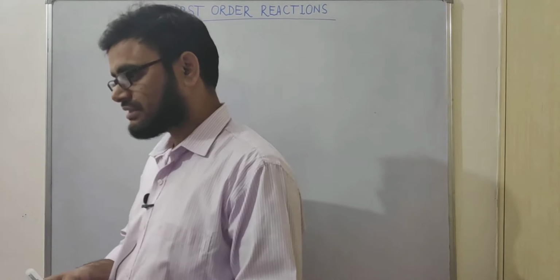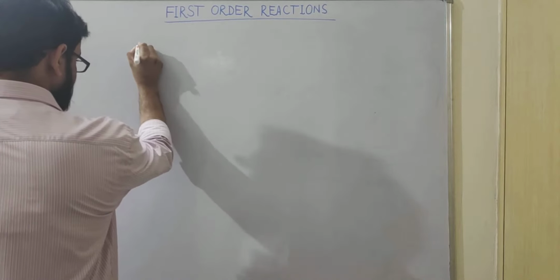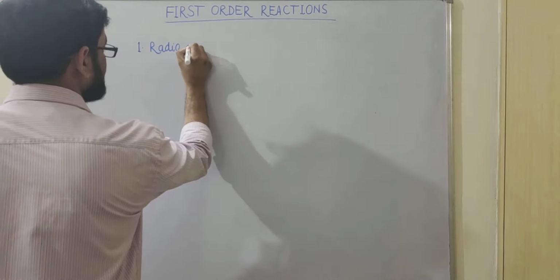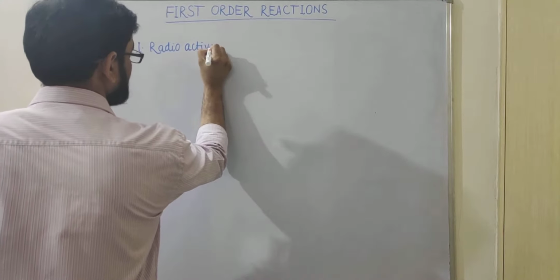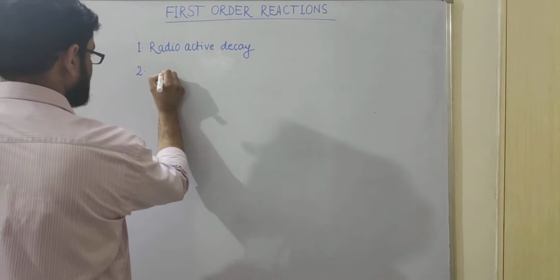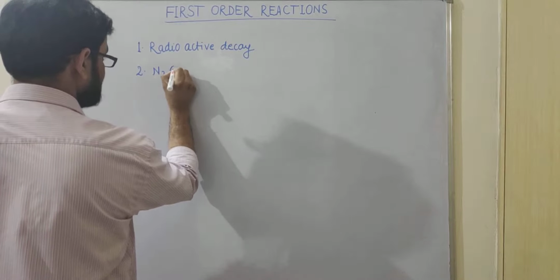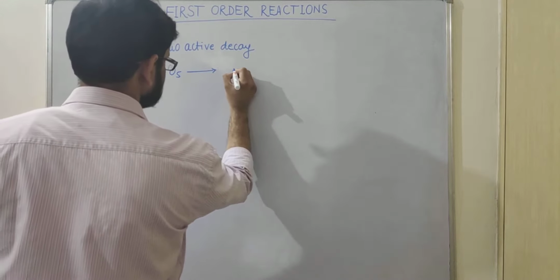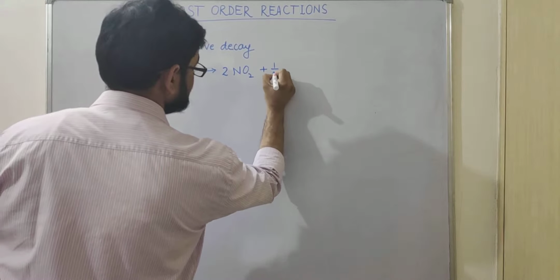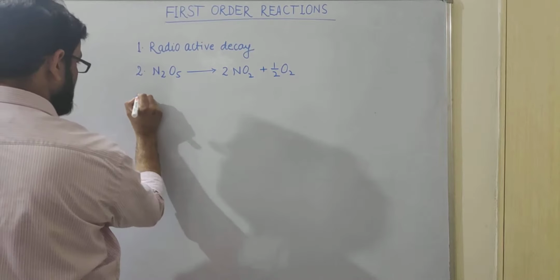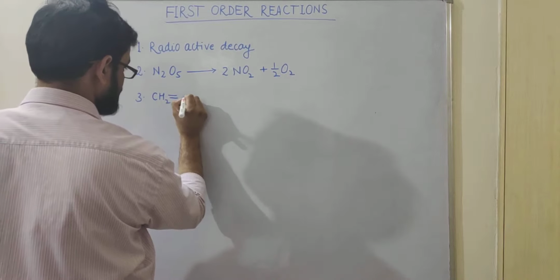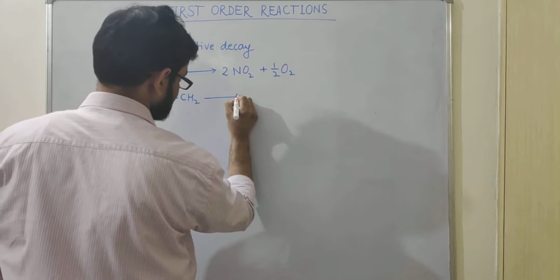The examples of the first order reactions are radioactive decay, decomposition of dinitrogen pentoxide into NO2 and O2, and hydrogenation of ethylene to get ethane.